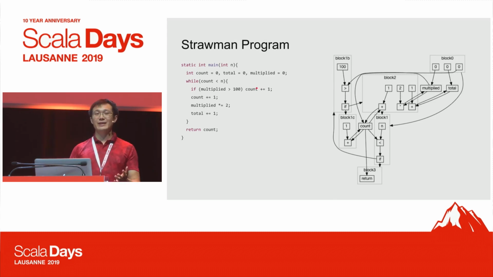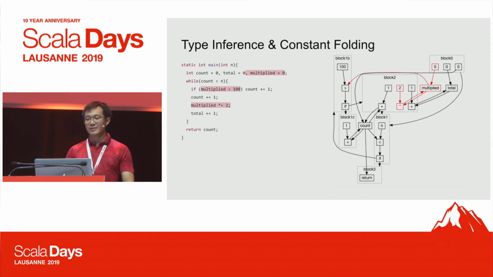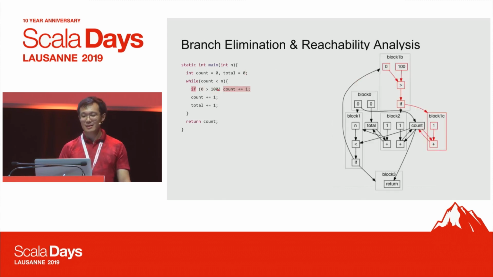So how do we do that optimization in a programmatic fashion rather than just squinting at it as humans? First, we can do the same constant folding we did earlier. So we know multiplied is always going to be 0. This is always going to be false. Next, we end up with this simplified tree or program and simplified data flow graph, where if 0 greater than 100, do this count plus equals 1.